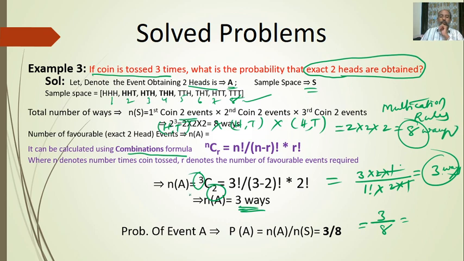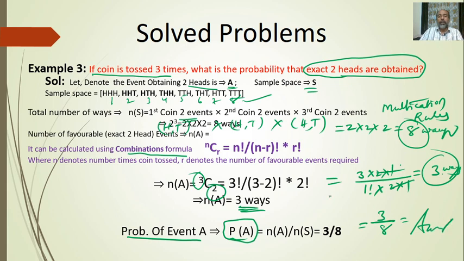So 3 ways. This is 8 ways. So to get the probability, we have to write P of A. P of A is equal to N of A divided by N of S. So that is the same, we have to take N of A is equal to 3 divided by N of S. So 3 by 8. So 3 by 8 is the answer.